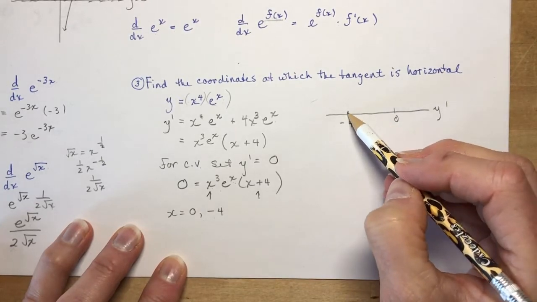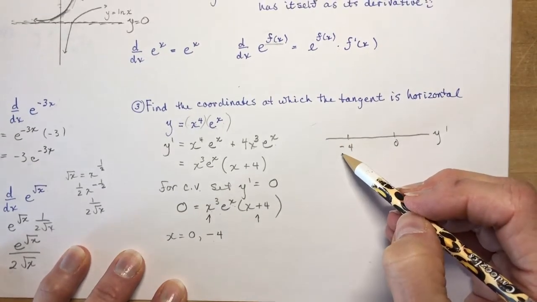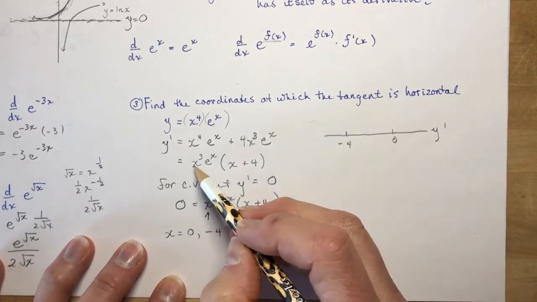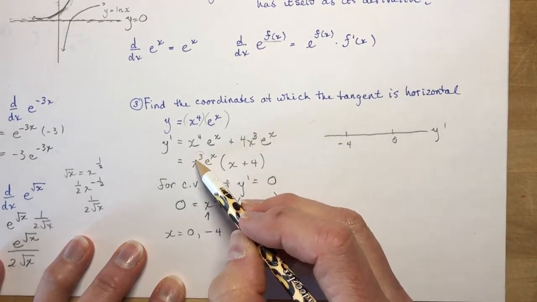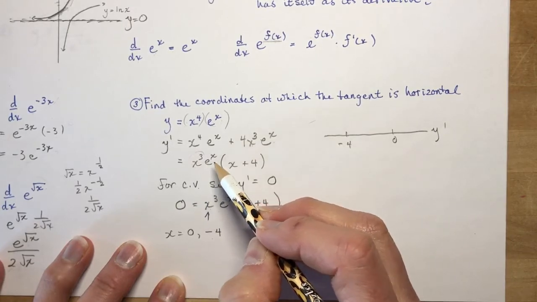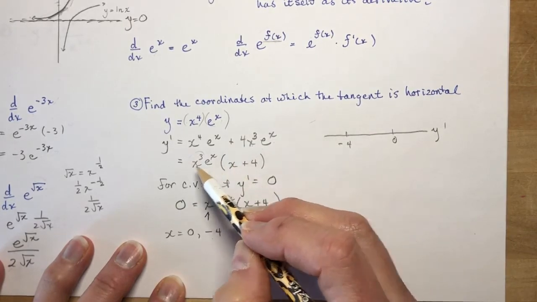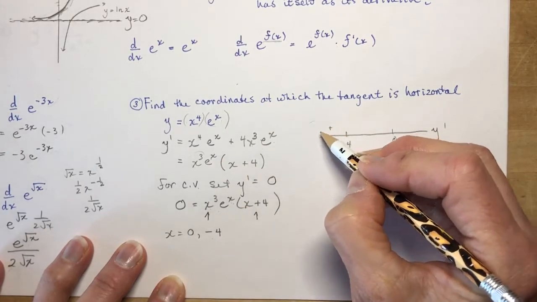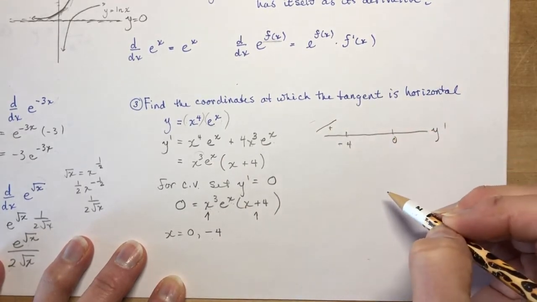So if I go to the left of negative 4, let's say I plugged in negative 5 in here. A negative cubed is negative. This is always positive, and this would be negative. So I have two negatives. That makes a positive, so that's positive slope.